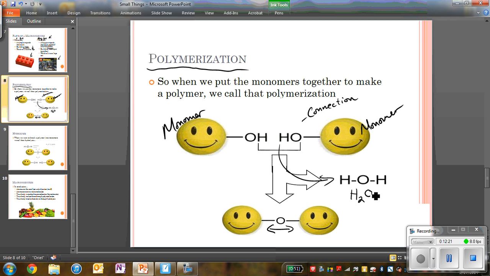Two H's and one O. That is actually water. So as we connect these monomers together and remove these connection points and connect our monomers into a polymer, we make water in the process. Okay, and water leaves. So polymerization makes a little bit of water and turns monomers into polymers.